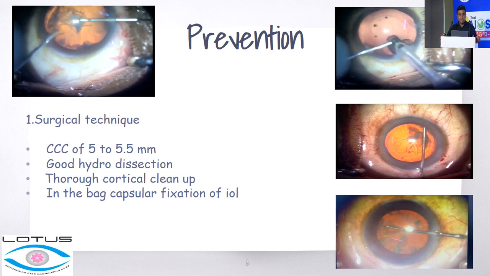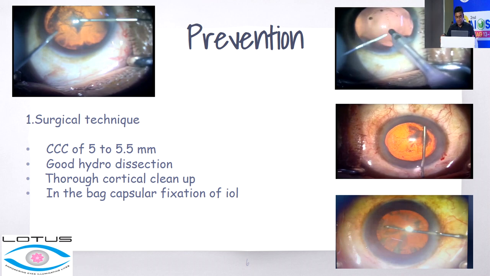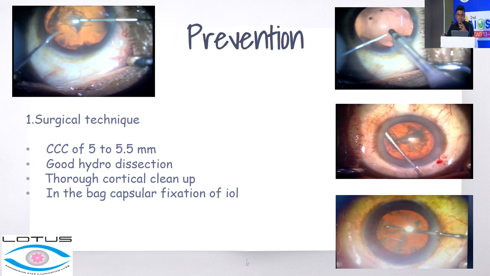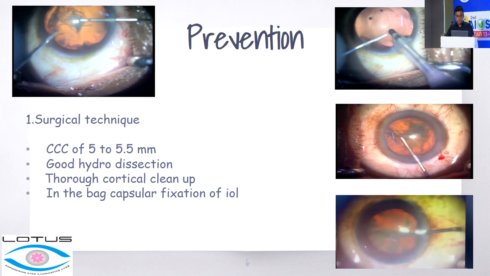PC polishing is recommended by some surgeons, but I personally feel that good cortical cleanup itself will work very well to delay the onset of PCO, along with good hydrodissection. And one more thing I personally believe in is rotating the nucleus after hydro three times clockwise or anti-clockwise. That will release all the equatorial cells, which are the future proliferative cells that cause PCO. So these steps can be taken.